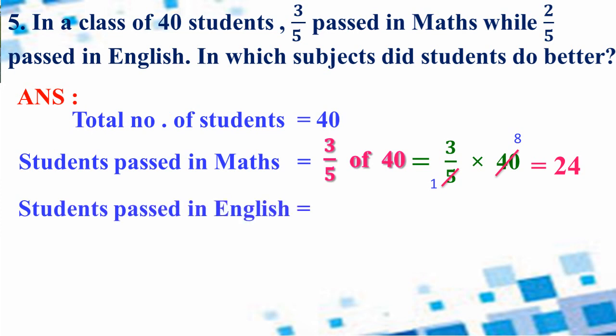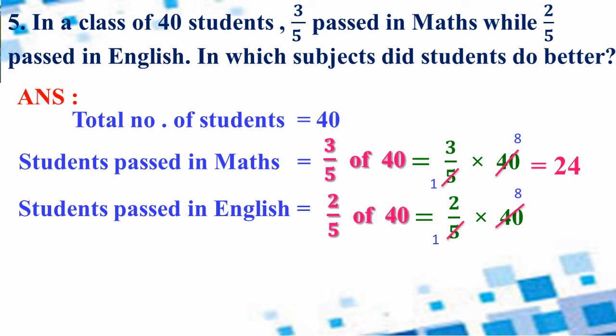Next, students who passed in English are 2 by 5 of 40. Here we multiply 2 by 5 and 40. Here also 1 5s are 5, 8 5s are 40.